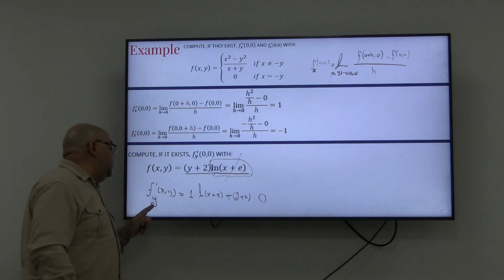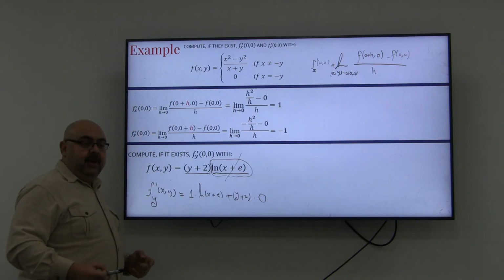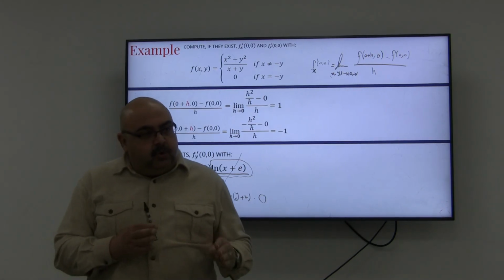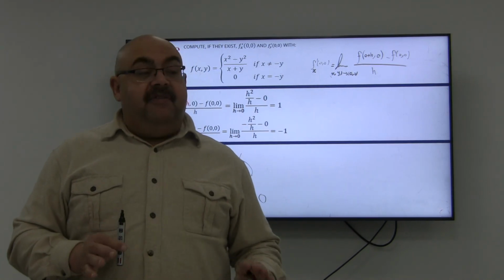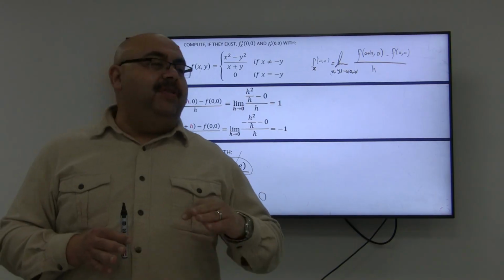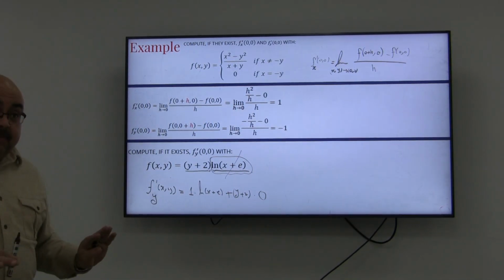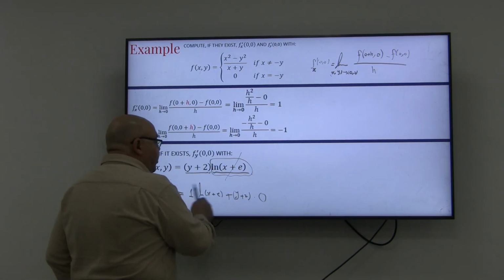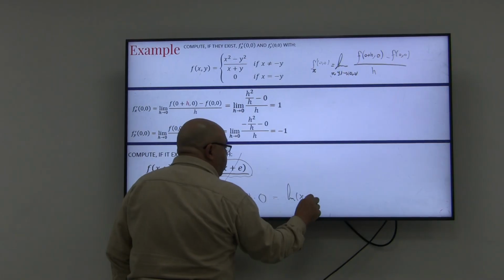Here you are choosing the variable that you are going to differentiate with respect to. If I'm differentiating with respect to x, I'm going to change only x, considering y as a constant. If I'm differentiating with respect to y, I will differentiate y, considering the rest of the problem as constant, and I will deal with it as numbers. So the derivative of this function is going to be ln of x plus e.